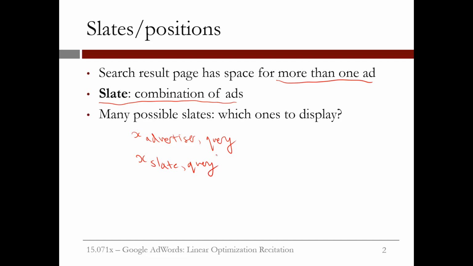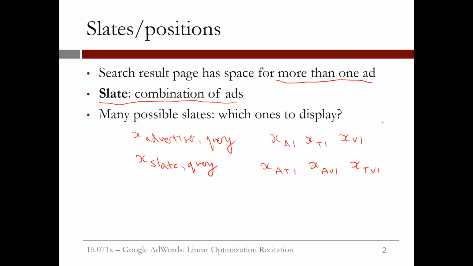So for example, for a wireless service provider example, if we had two spaces on our results page, then for query 1, we'd still have XA1, XT1, and XV1, where here, for example, XV1 is the number of times that we display Verizon with query 1. But we would also have XAT1, XAV1, and XTV1. Here, for example, XAV1 represents the number of times that we display the slate containing AT&T and Verizon with query 1.